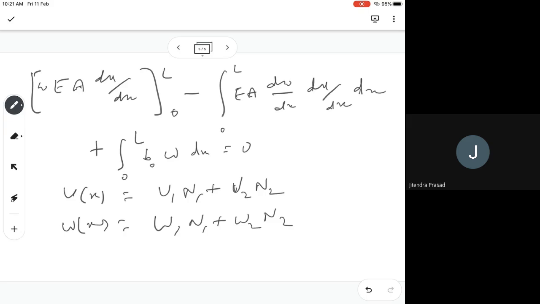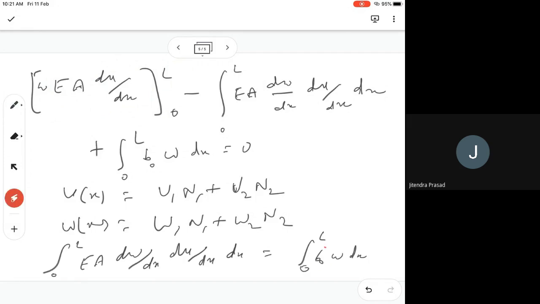Now remember that if you put WL, the value of du over dx at L is equal to 0. So this will cancel when x equal to L. Here W0 will be 0 because U0 is 0, so this term will not be there. So our final equation is integral 0 to L of EA dw over dx du over dx equal to integral 0 to L of B naught W dx.